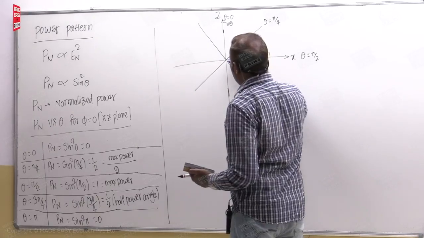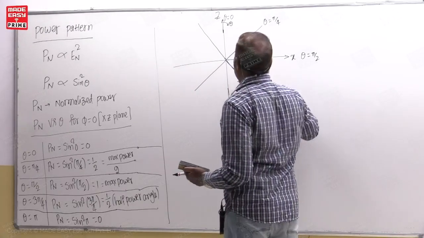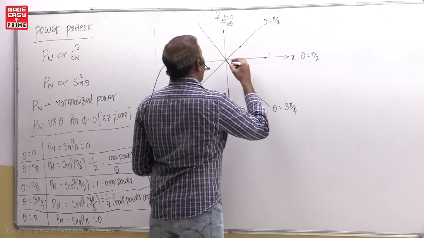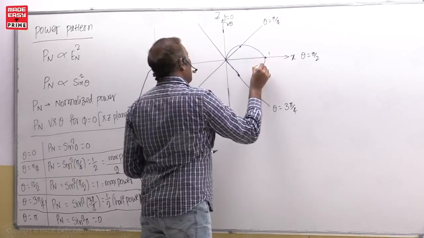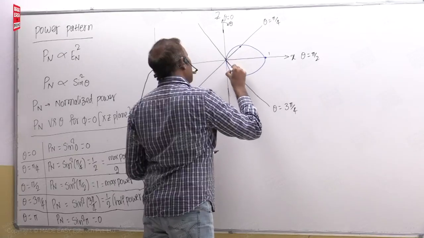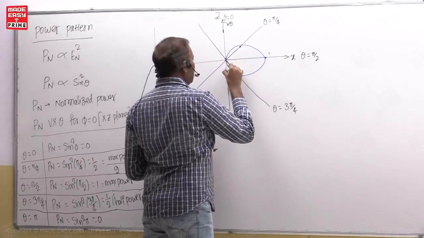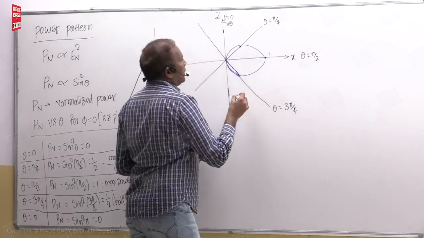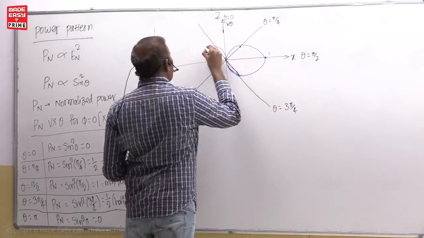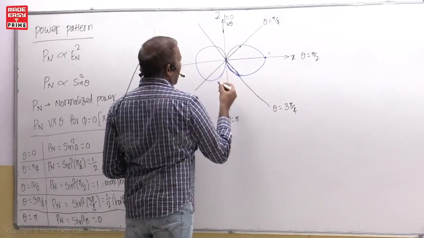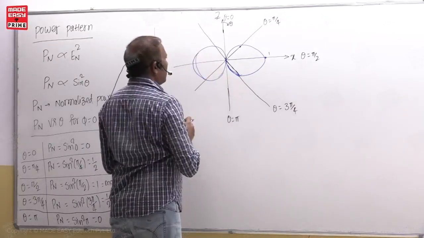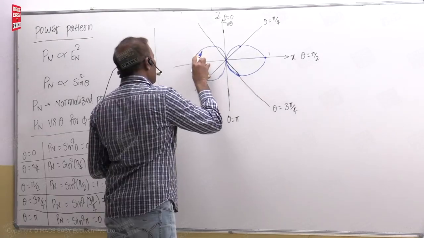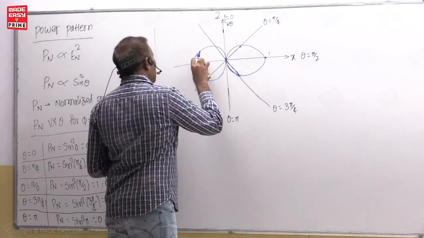Now you have to draw like this. Similar to this side, you will have a symmetric pattern, exactly the same.